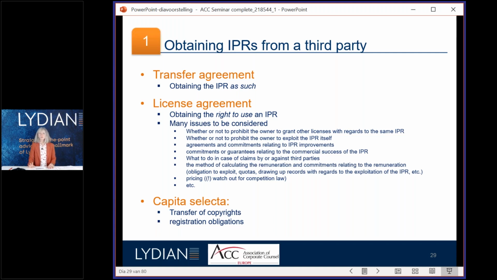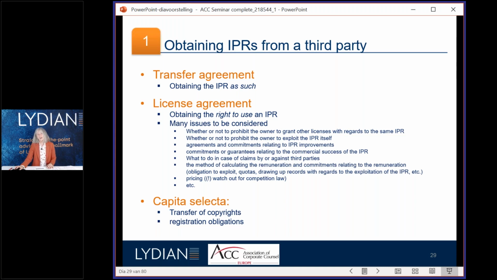The agreement should also tackle what happens if there is a claim by a third party or against a third party, and who is doing what, because this may raise another issue.